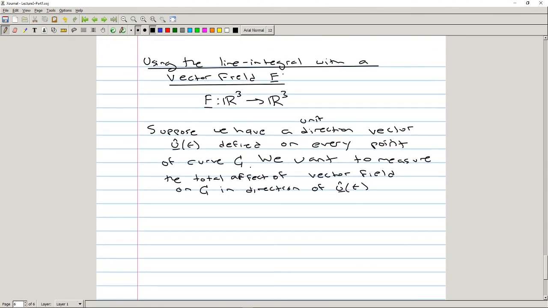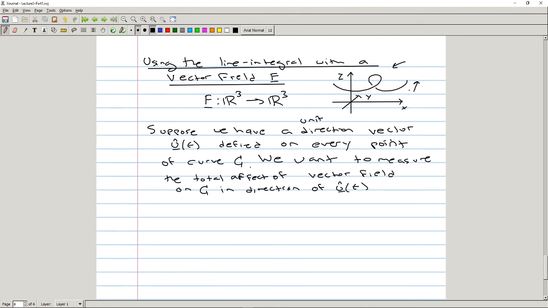So it's important to think in terms of pictures with regards to what's going on here. We're in 3D, we have some curve, and this curve is immersed in some vector field.